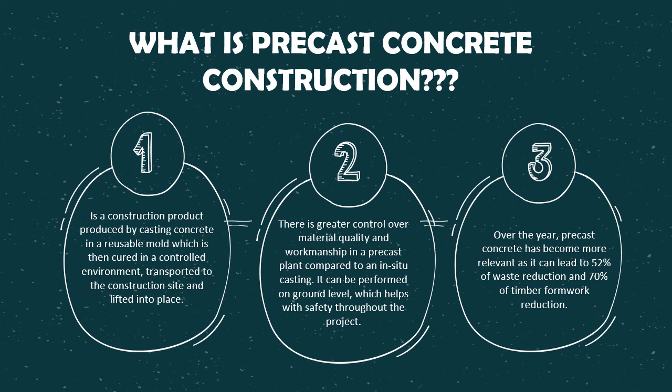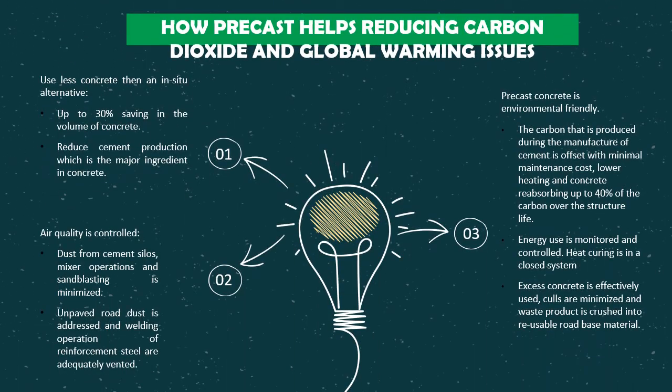Over the years, we can see that precast concrete has become more relevant in the construction industry, as it is believed it can lead to 52% waste reduction and 70% timber formwork reduction. Okay, let's see how precast helps reduce carbon dioxide and global warming issues.